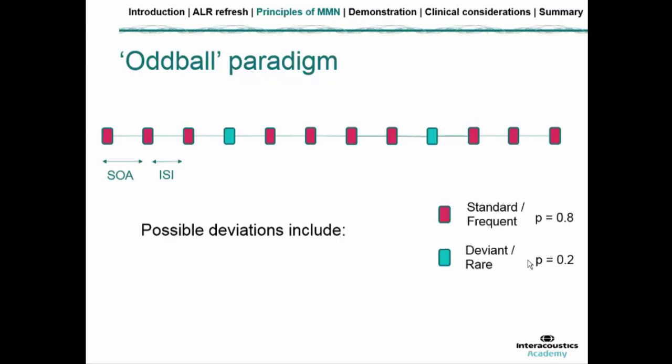80% of the time that stimulus will be a standard, it will be the same, whereas interspersed there will be another type of stimulus that differs in some way from the standard.